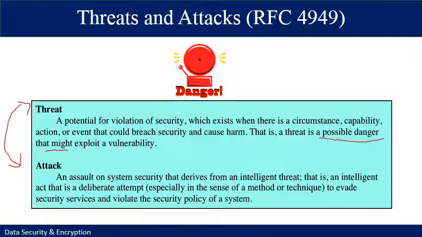However, an attack is an active thing, and it is an assault on the system security that derives from intelligent threats. That is an intelligent act or a deliberate attempt, especially in the sense of method or technique, to evade security services and violate the security policy of the system.